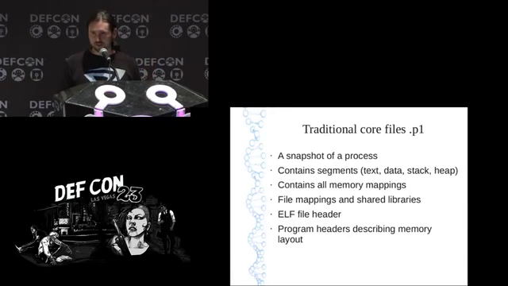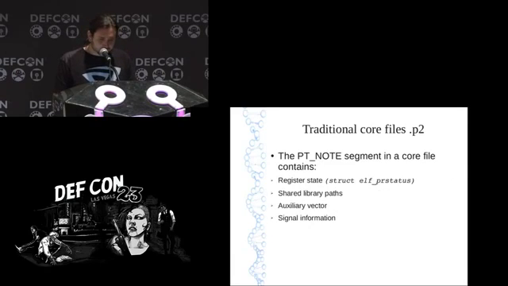It just has the raw segments, which is not super useful for forensics analysis. In addition to the PT_LOAD segments, there's one segment that's a PT_NOTE. The note segment contains all the metadata about the core file that, say, GDB uses when debugging, such as what the register state was, the auxiliary vector, which is what the top of the stack looks like when a process starts, signal information, and the paths to the shared libraries that are mapped in.